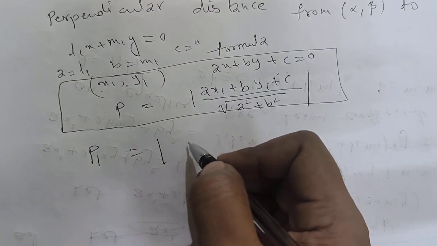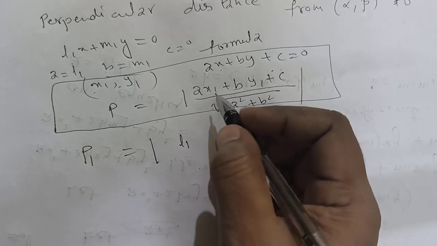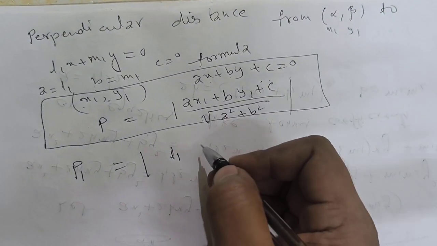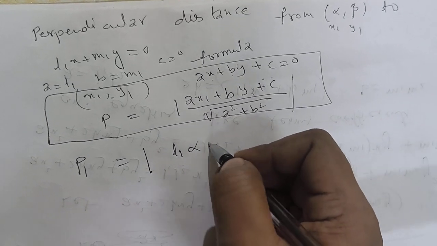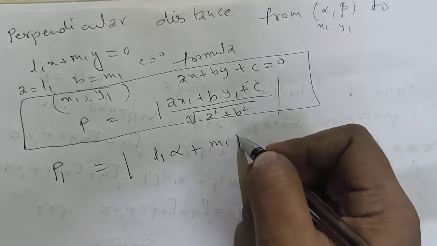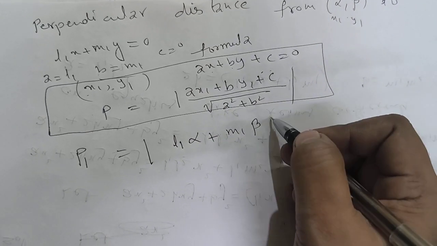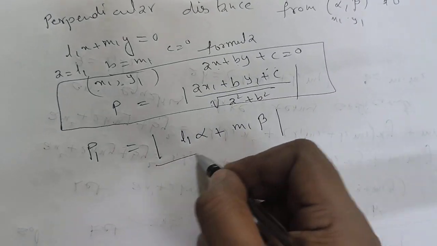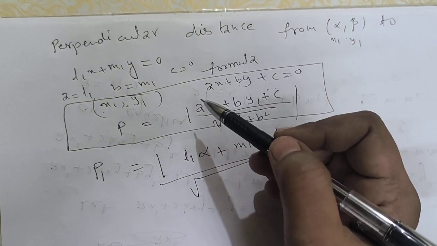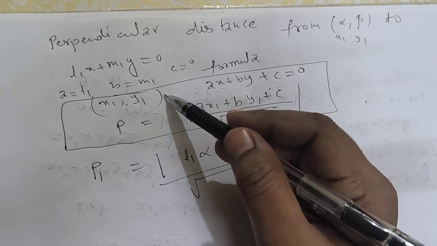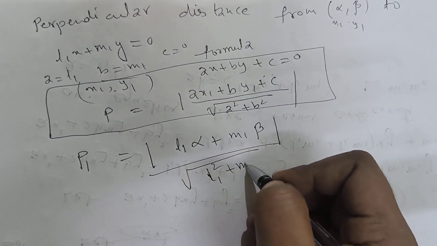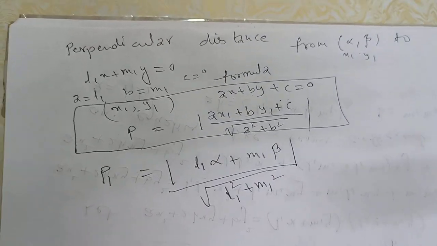So l1 alpha plus m1 beta. We don't have c value, so no need to write this term, divided by square root of l1 square plus m1 square.